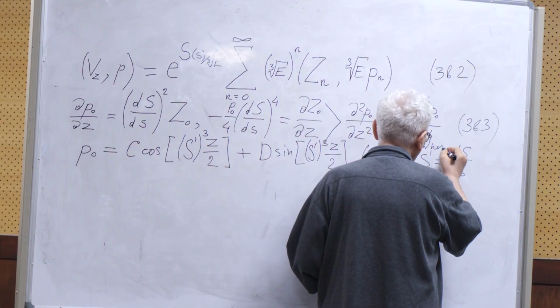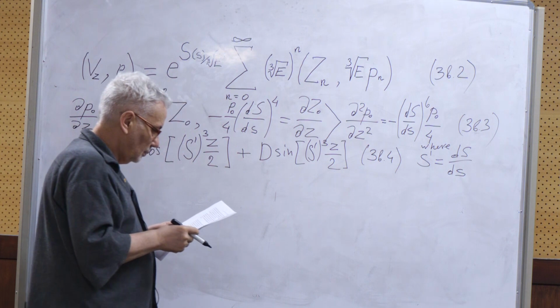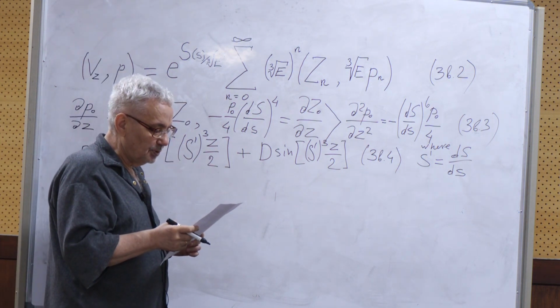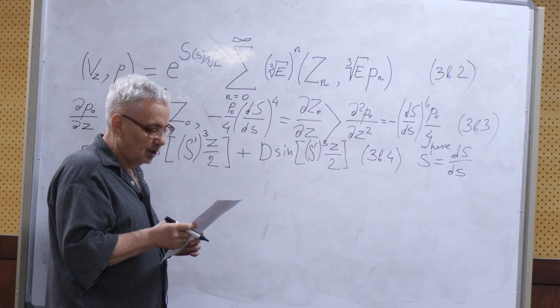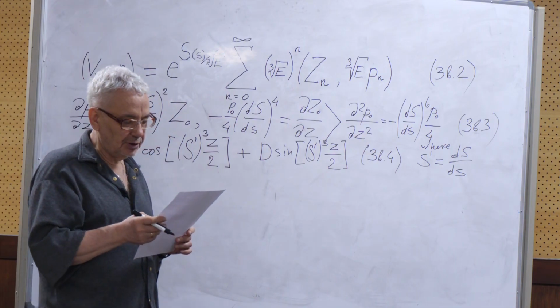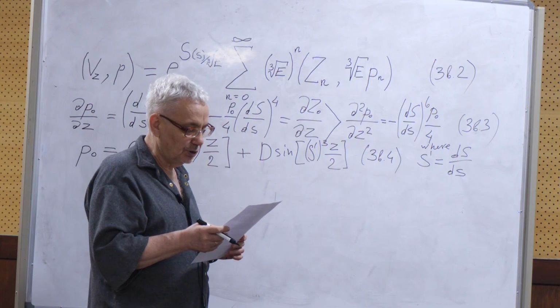Here the prime denotes the derivative with respect to S, and C and D are constants that must be determined from the boundary condition on a rigid sphere. In this case, we can limit ourselves to considering only the upper hemisphere.